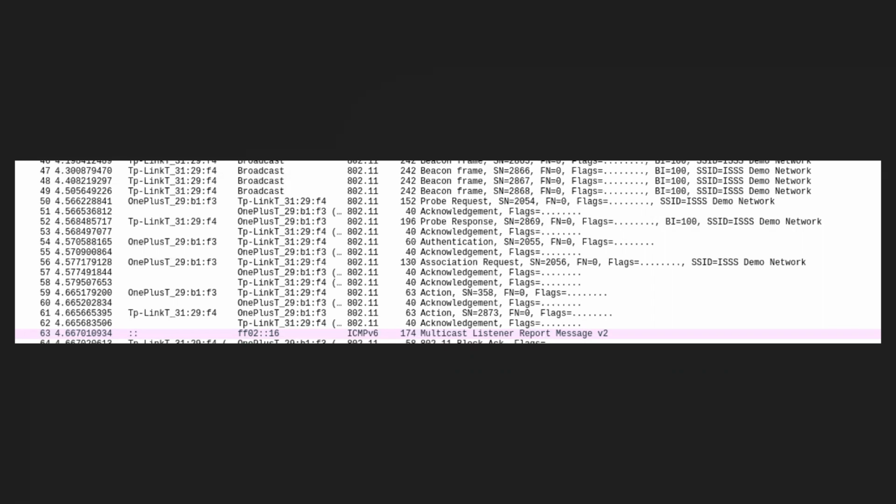But most importantly, you can see that ICMPv6 type, which is an IP packet for IPv6 pings. So that's at the IP layer. What that shows is that there were no passwords used on this network, so just by being in the proximity, you can fairly easily capture all traffic from a network that doesn't use encryption.